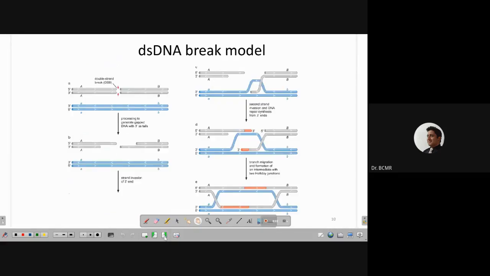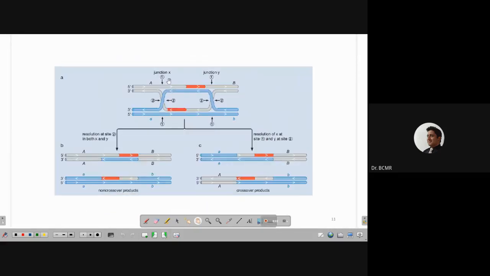And resolution can happen at two sites. It's site 1 when you're doing it vertically, breaking this strand here and the lower strand here. Or it can be at site 2 when you are breaking the internal strands, the 3' to 5' direction strands, right? It all depends on how you are organizing. For simplicity, it is better to follow the conventions given in the textbook so that we don't confuse ourselves.